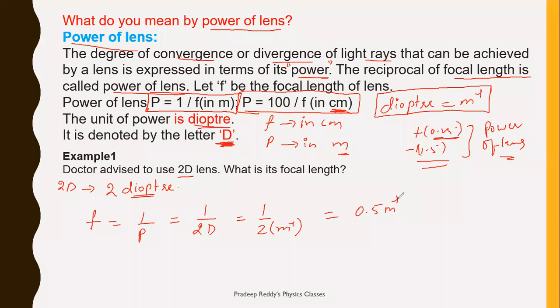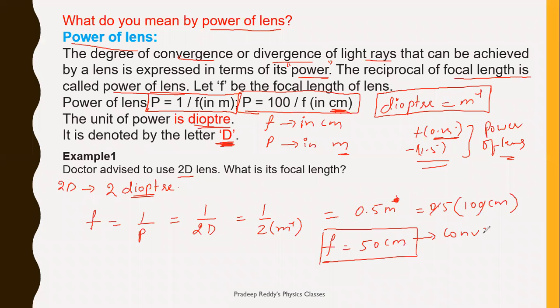Sorry, meter. This is converted to centimeter: 1 meter is equal to 100 centimeter. This gives you focal length f equal to 50 centimeter. That means you should use a lens whose focal length is 50 centimeter. As it is positive, you should use a convex lens. And as it is a convex lens, what is the defect?